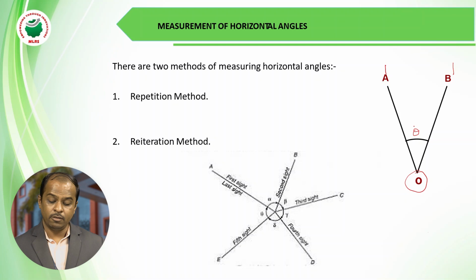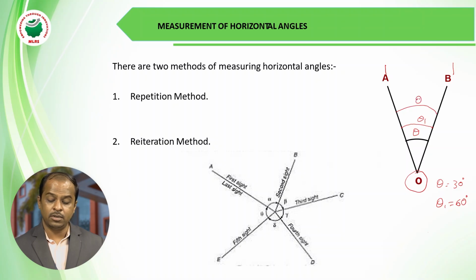Again, suppose theta is a 30 degree angle in this case. Then for the second repetition we start at 30 degrees from A and measure up to bisecting B. This must be theta 1. Theta 1 must be 60 degrees.